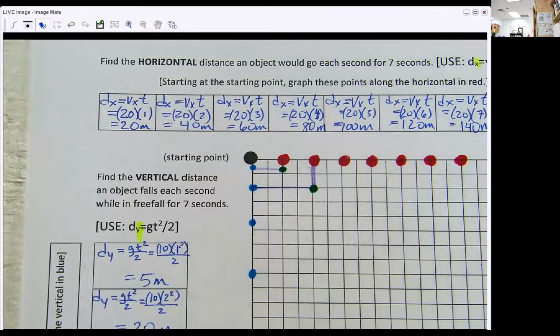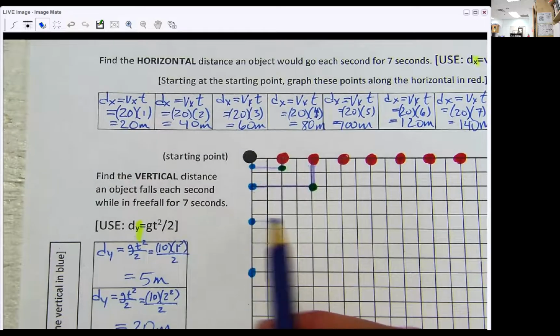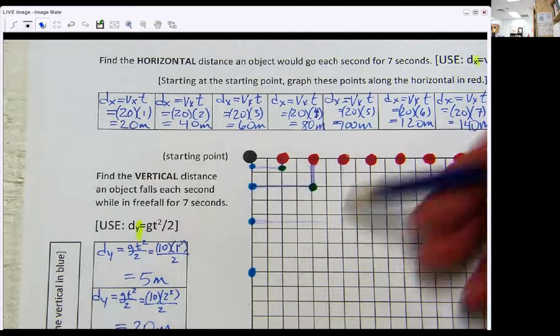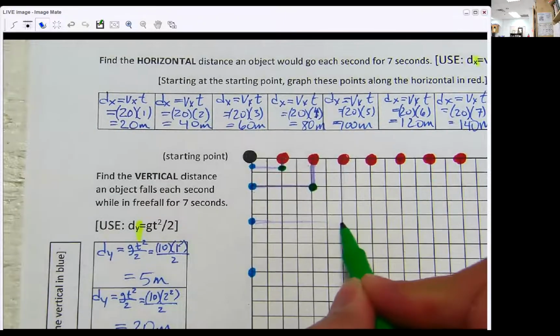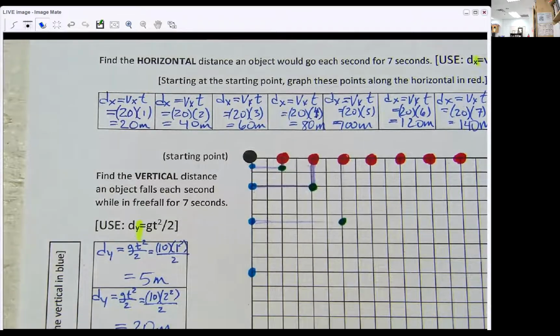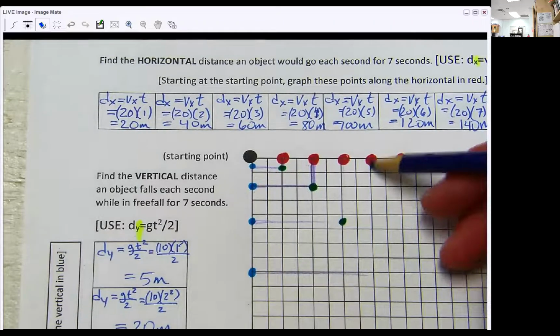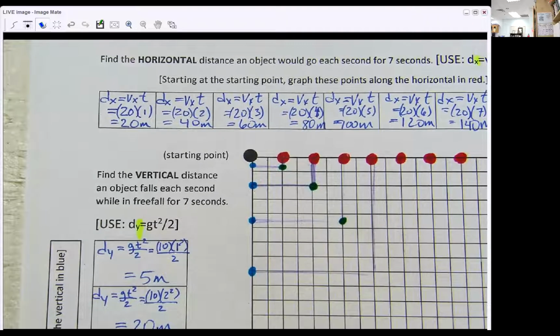And so you'll continue to do that for all of these here. So go ahead and start putting all of those points in. Just be careful when you go in over these. That's why I'm using a pencil to do this. You don't have to.